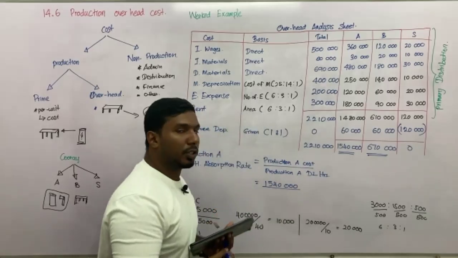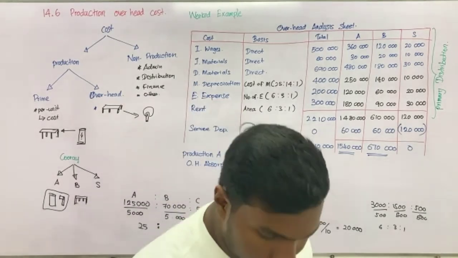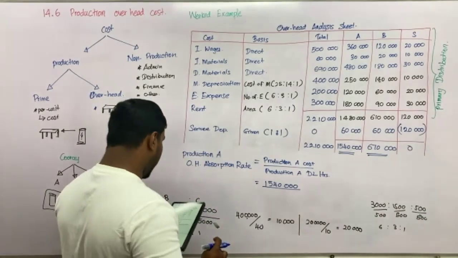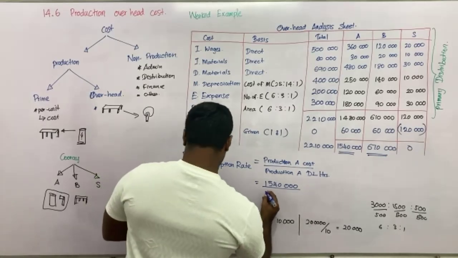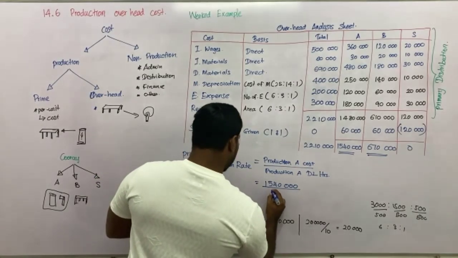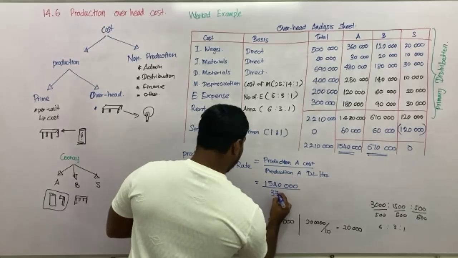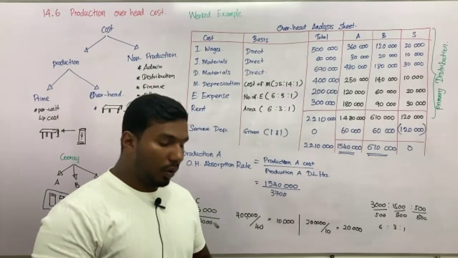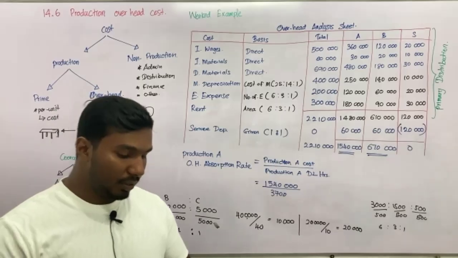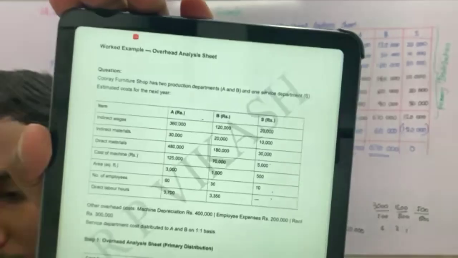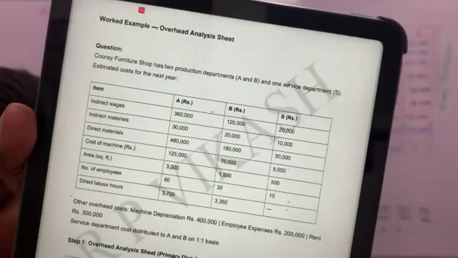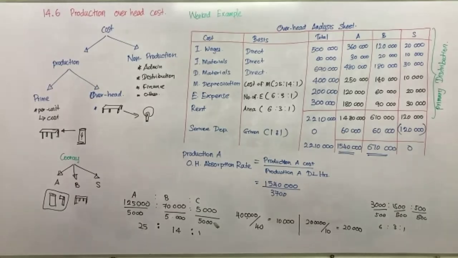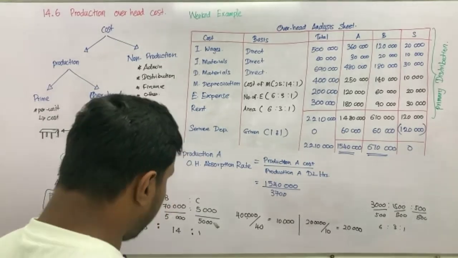Direct labor hours for production A is given, which is 3,700. Okay, you can see in the table, direct labor hours is given as 3,700.